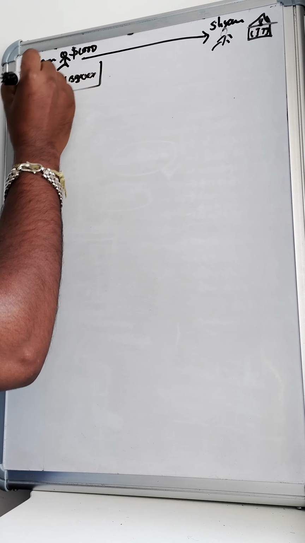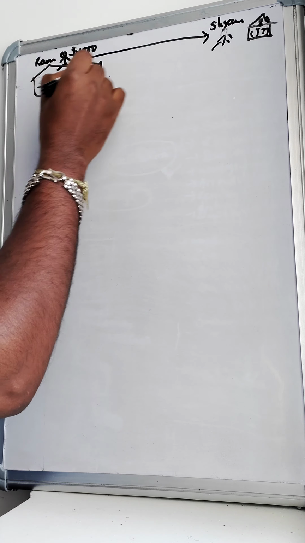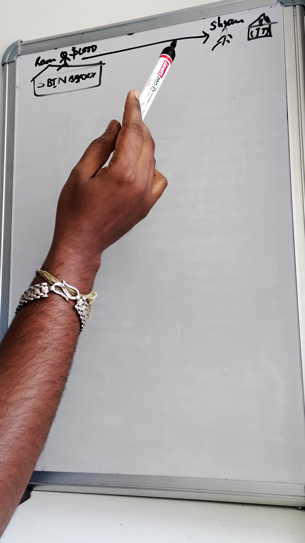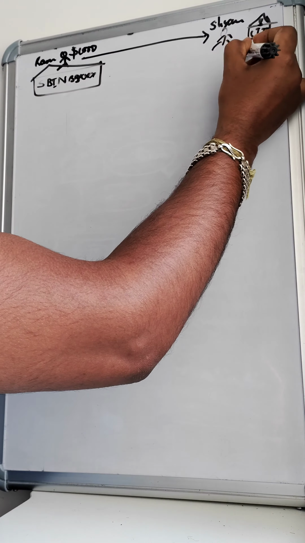Right? So we have denoted it with the BIC code SBI and Bombay XXX, and there is City US 33XXX.